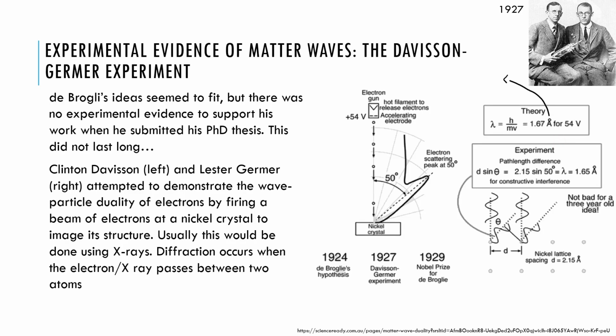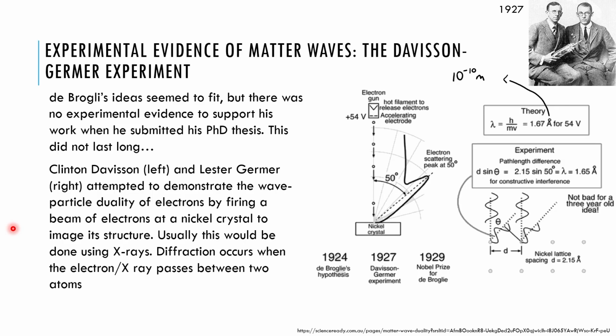Note that the angstrom is equal to 10 to the negative 10 meters. Matter waves of this wavelength are comparable to X-rays, and therefore electrons should, in theory, if they do have wave-like behavior, be able to be used in this experiment in exactly the same way that X-rays are.